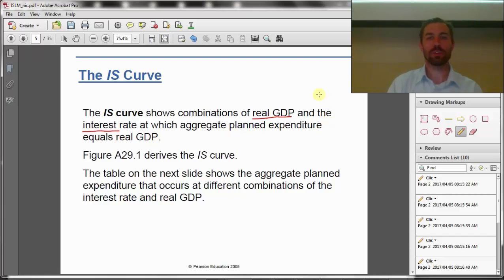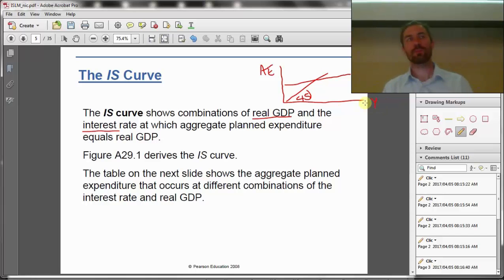In other words, if we've got our aggregate expenditure diagram, so we're plotting aggregate expenditure against income or output, there's a point of equilibrium. When we change the interest rate, that point of equilibrium also changes, right?